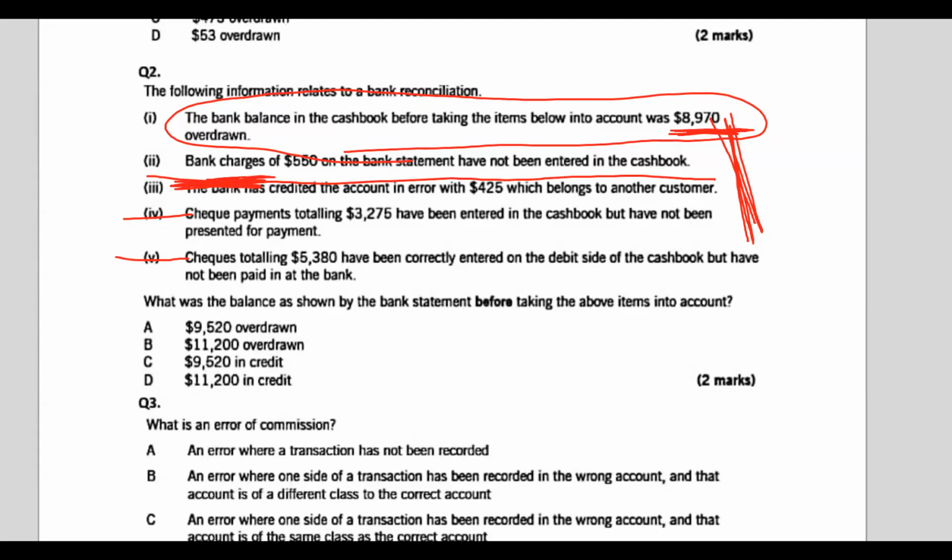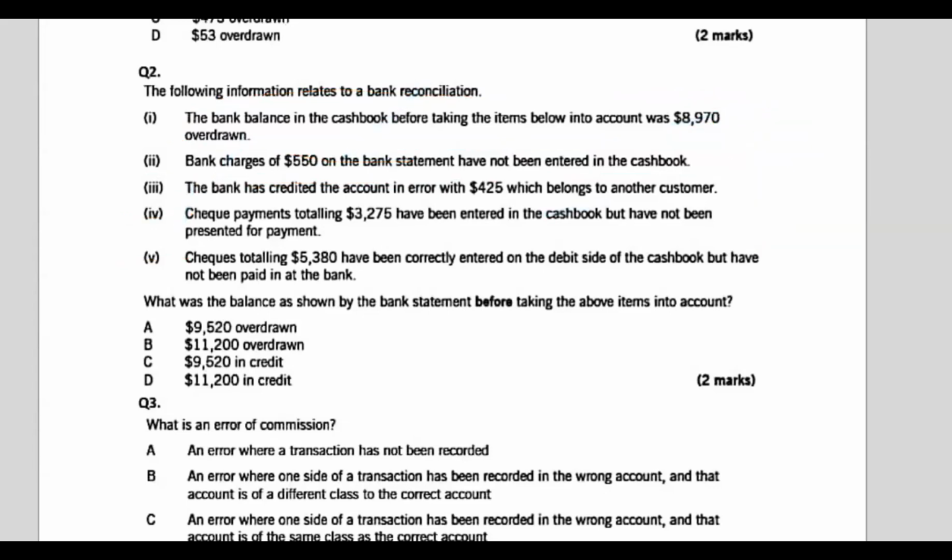The bank is not having them, and they don't need to be considered because you have to give the balance before these items were considered. I don't know if you got that. It's just a repetition of what I was saying. Did you get that? All right. So that is how you get your answer to be A.